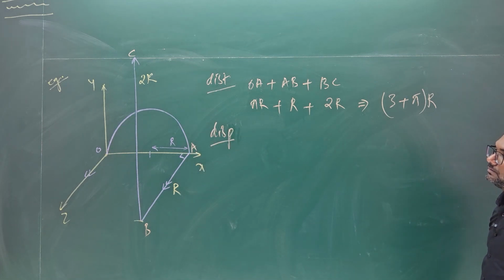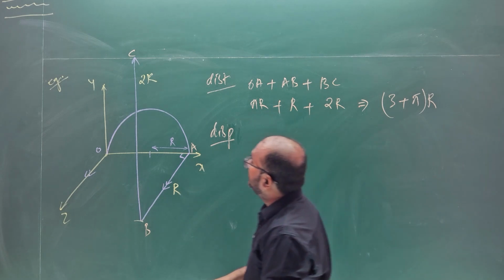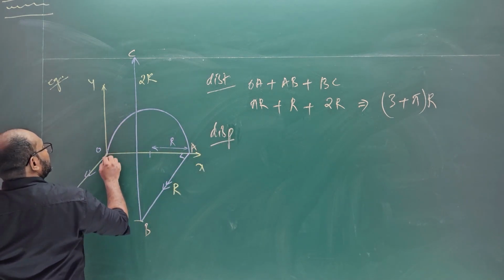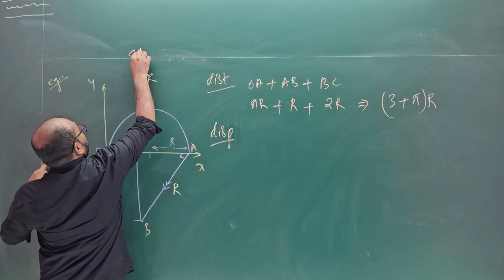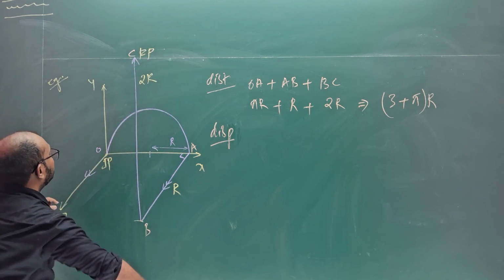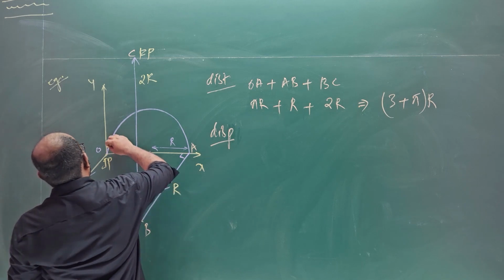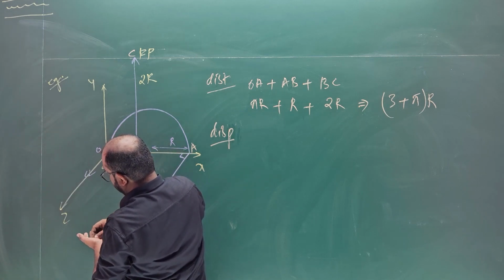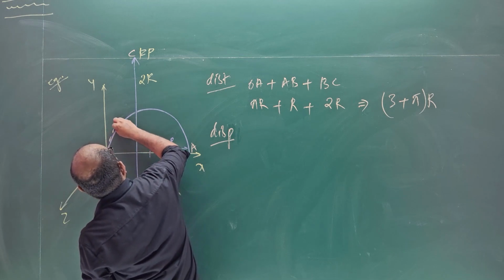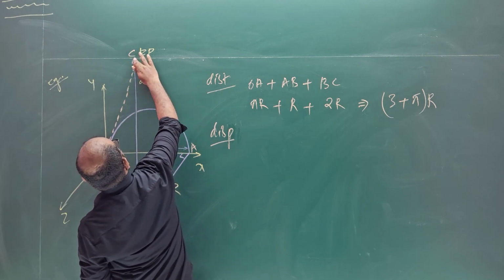Let us find displacement. Now what is the displacement? Displacement is the shortest path between initial point and final point. This is your initial point and this is your final point. So can I say like this? Joining from origin to this point.